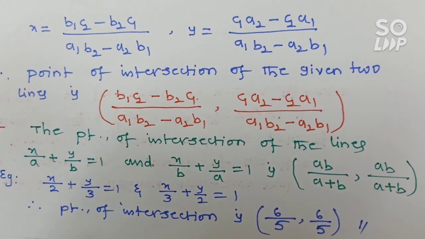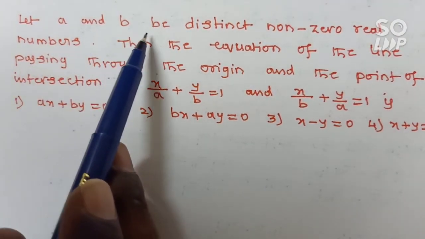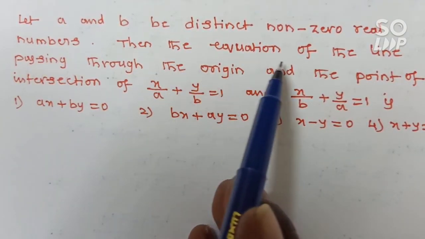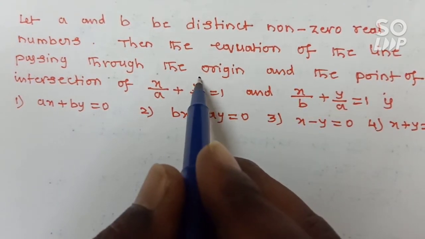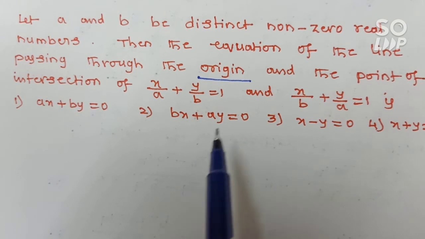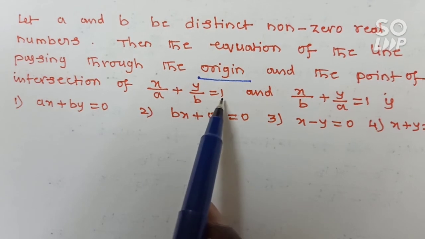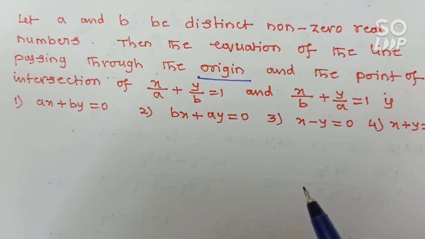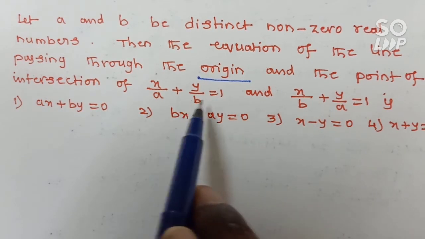Now we will see some other applications related to point of intersection. See this problem. Let a and b be two distinct non-zero real numbers. Then the equation of the line passing through the origin and the point of intersection of x by a plus y by b is equal to 1 and x by b plus y by a is equal to 1. Just now I told you the point of intersection of these two lines.